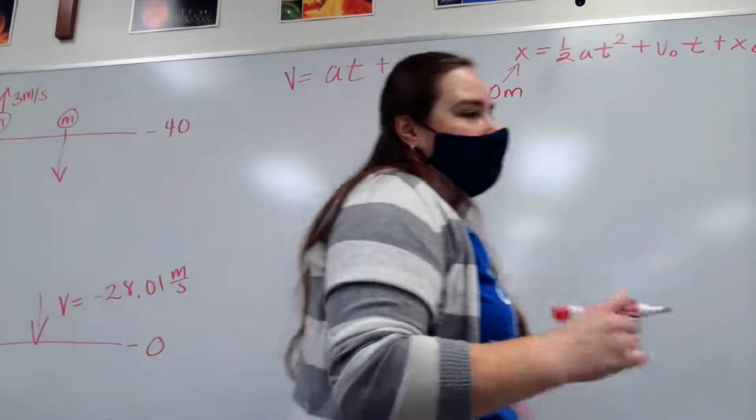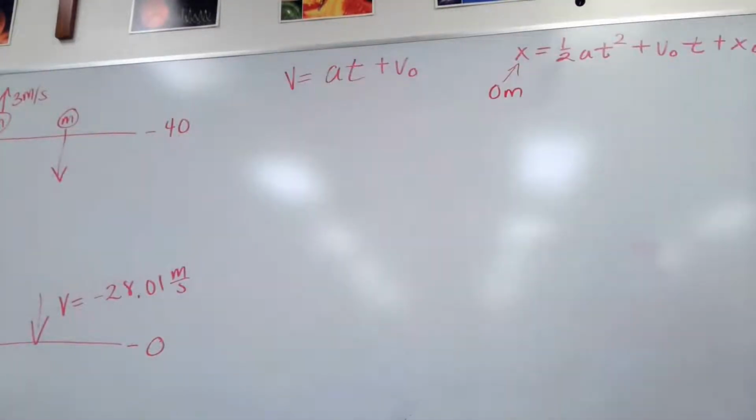All right, to do this, what do we need to find? It's going to be very similar to the other one. We need to find the time, okay? And because we know our two distances, our two positions, we need to start with that.